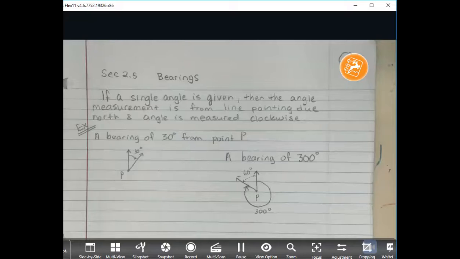Let's see number 16 on that page. Okay, so I won't do that. I'll just work one on the sheet.